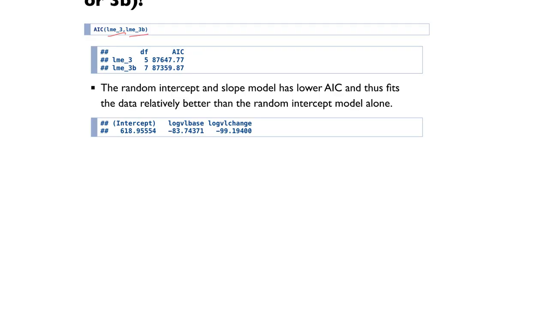They have to have exactly the same number of non-missing observations. So always be careful for likelihood ratio tests or comparing AICs that the actual observations used to get the estimates are the same, because otherwise you can't compare them. Since your likelihood is a product of all these probabilities, the more data you have, the more probabilities there are, the smaller it's going to get. So it's not comparable.